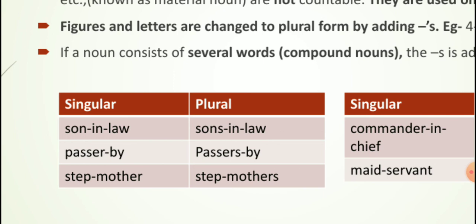Next example, passerby. The main word is passer. To change it into plural form, we add S as a suffix. Stepmother. The main word is mother, so we add S to make it plural, so it becomes stepmothers.